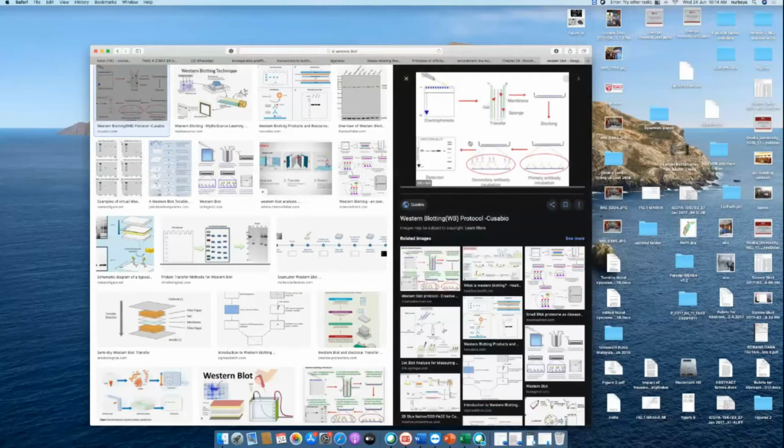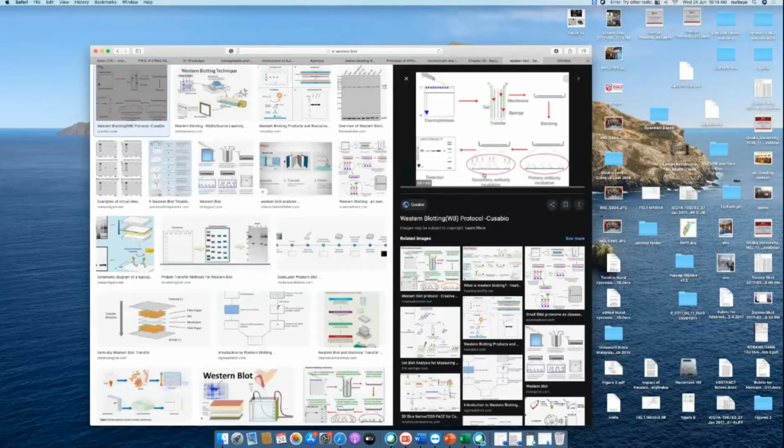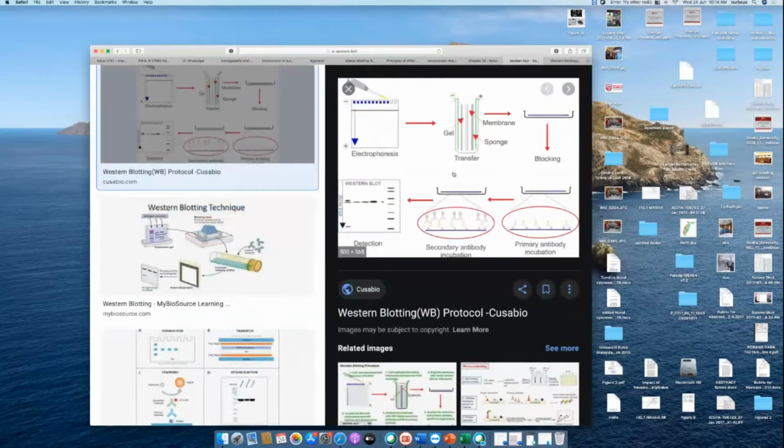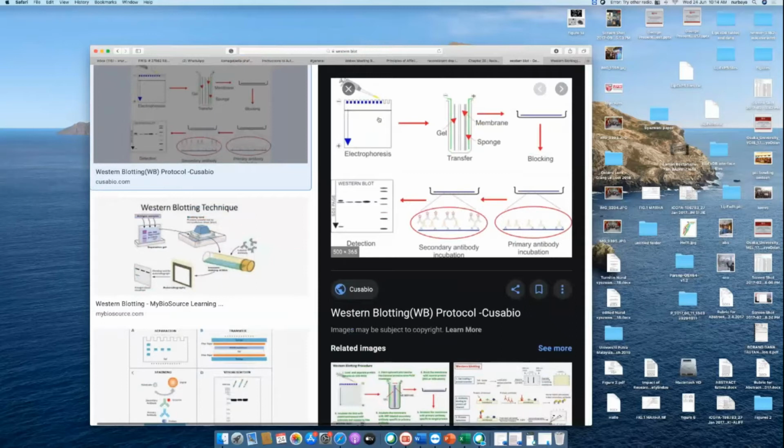Yeah. So basically, this Western blot. Okay, still bad, still slow. So I will just make it bigger for this one. So basically, what is Western blot?